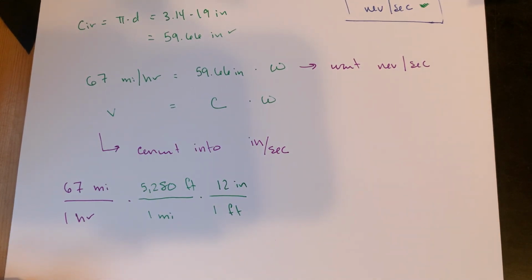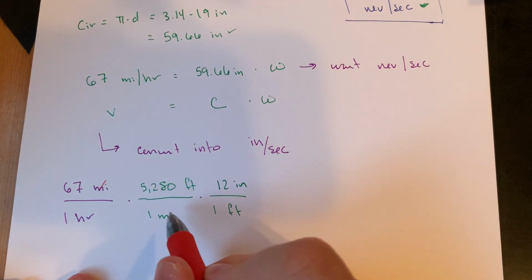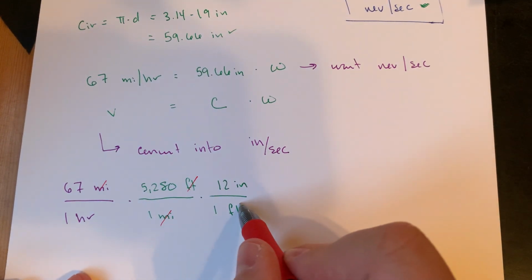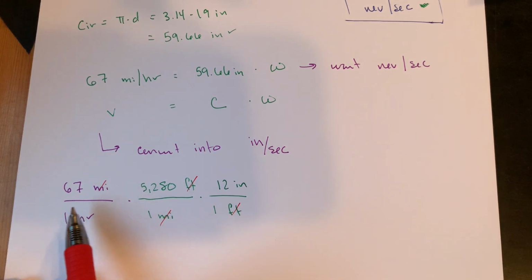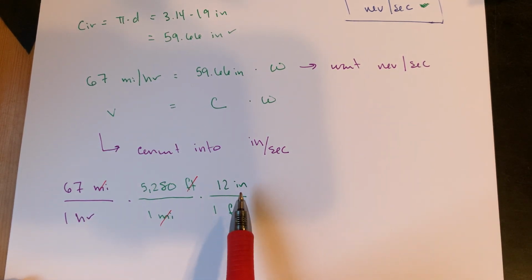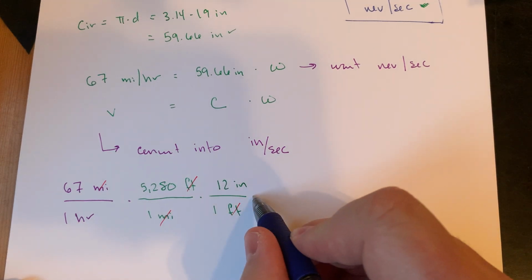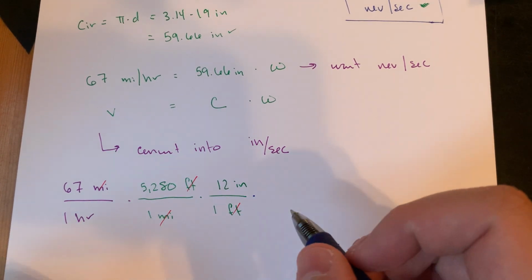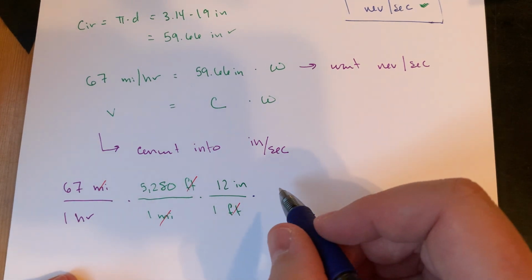Okay, so that would be miles for miles, feet for feet. 67 times 5,280 times 12, with 1 and 1 and 1 on the bottom. That would be inches per hour. That's going to be a really big number, but that makes sense because if you're going 67 miles an hour, you're going to go many, many more inches.